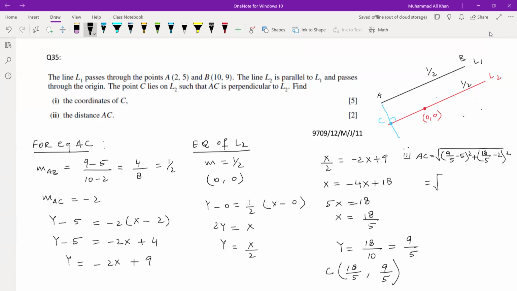So it will be the square root of 9 minus 25 is 16, minus 16 over 5 whole squared plus 8 over 5 whole squared. And what is the final answer? Calculate. The final answer is 3.58. Hopefully it is clear.